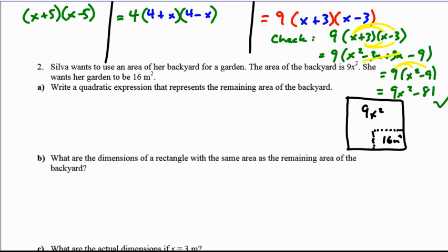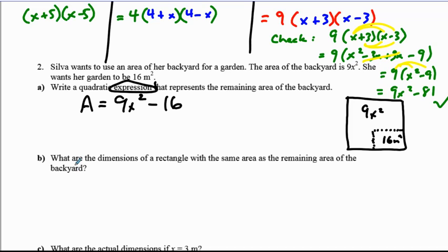So really we have the total, subtract the little corner here. So the remaining area of the backyard would be her total area minus the area she wants for her garden. And there's an expression. That's all we needed was an expression.